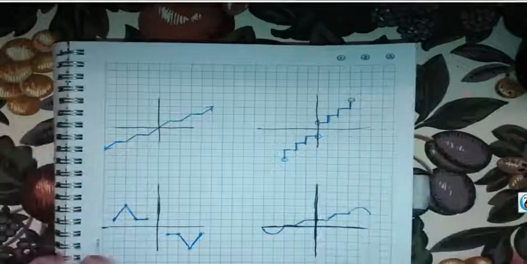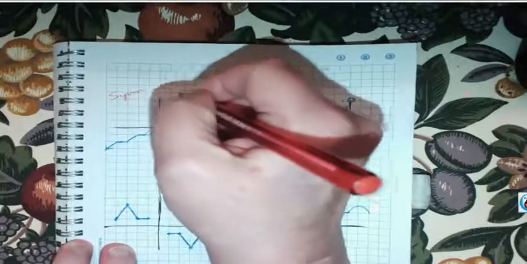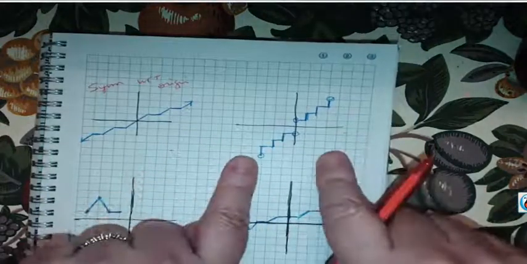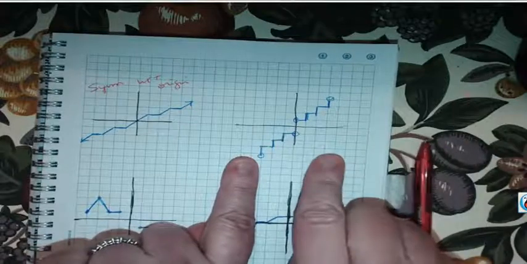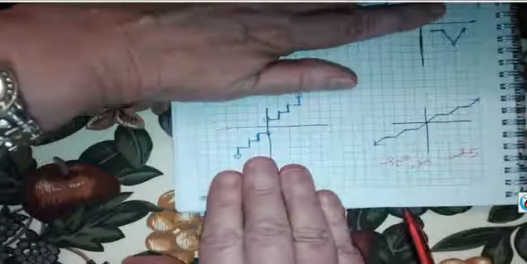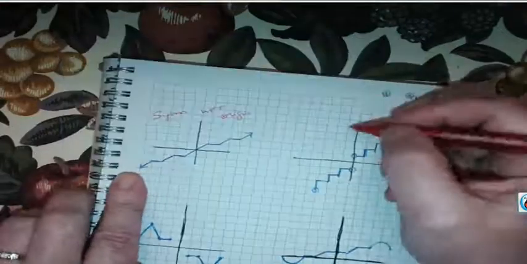So this is symmetric with respect to the origin. What about this? Is this graph symmetric with respect to the origin? We'll look at it. And again, take into consideration I did it freehand. What happens if you turn it upside down? You do get the same graph. Okay.